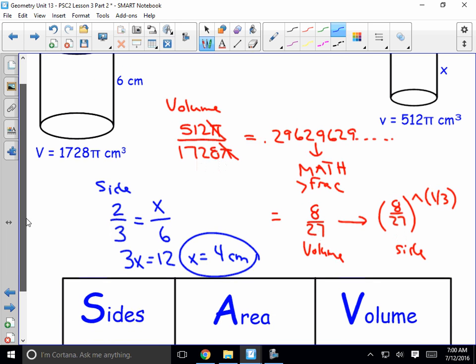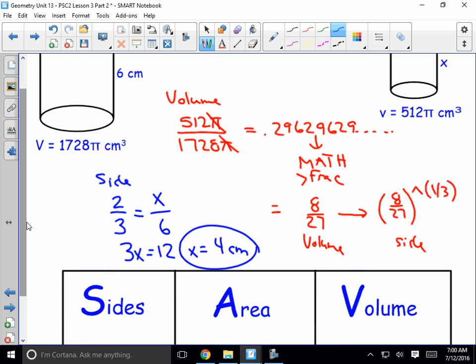Okay, so I want to walk through these steps one more time really quick. Okay, we set up our ratio, small to large volumes. We can get rid of the pi because it's the same value in the numerator and denominator, so it divides out to 1. Enter it into your calculator to get the decimal value. In your calculator, use the math and then convert to fraction buttons.